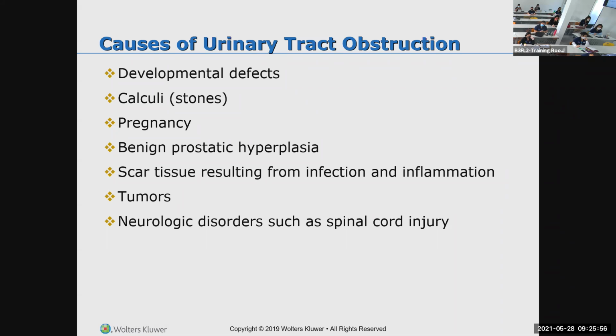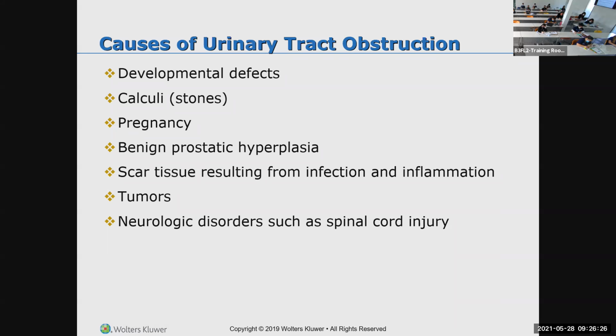Now, the causes of urinary tract obstruction. The important ones, please remember, are over here. Number 1, developmental defect, that causes obstruction. Number 2, formation of stone, we call calculi.